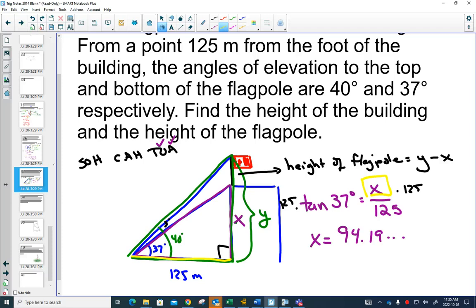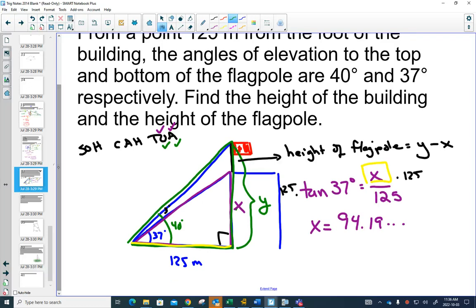So we didn't have to do any extra work to figure it out, because we already knew that that yellow line was 125. So now when I go to my green one, if I want to find y, again, I'm trying to find the opposite side, and I know the adjacent side. So for green, I'll use tan as well.